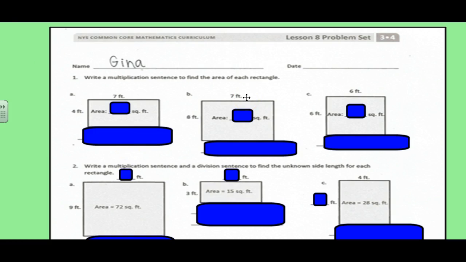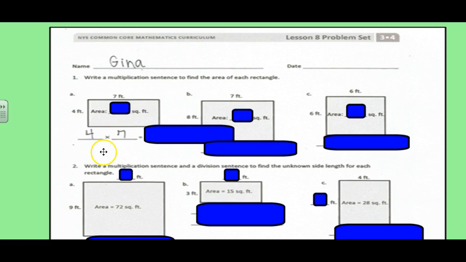Okay, so for number 1, on the line we're going to be writing 4 times 7. Make sure you go ahead and put that because that is what the side lengths are. Now I want you to write down the answer to 4 times 7, and write that right here on this rectangle because that's what the area of this rectangle is going to be.